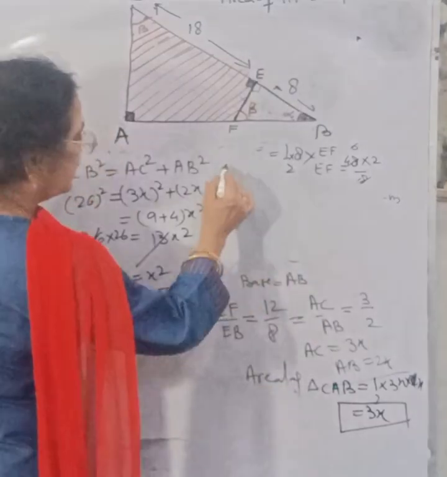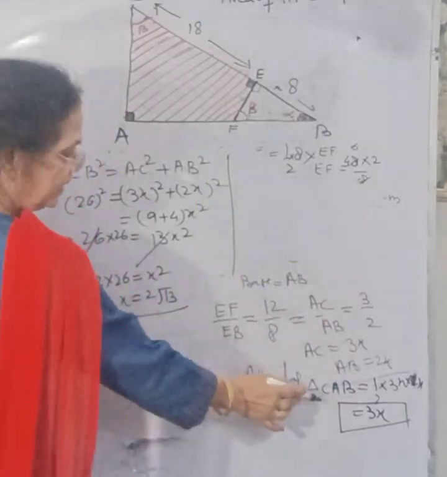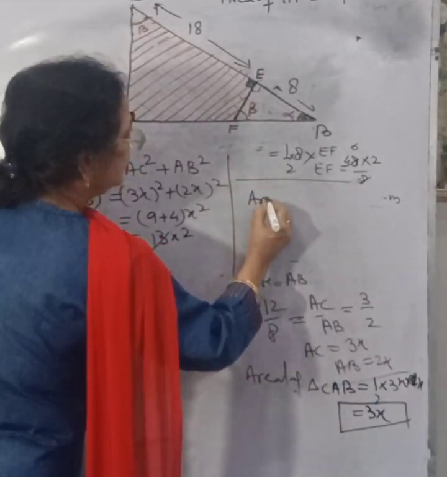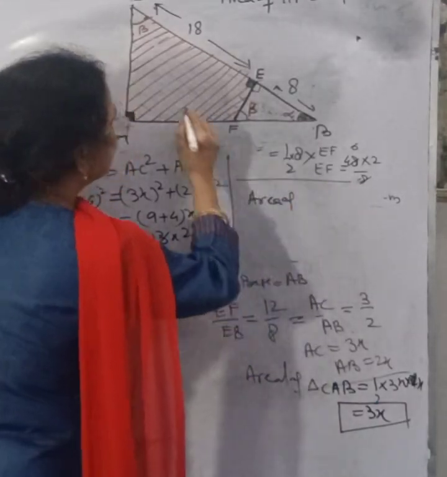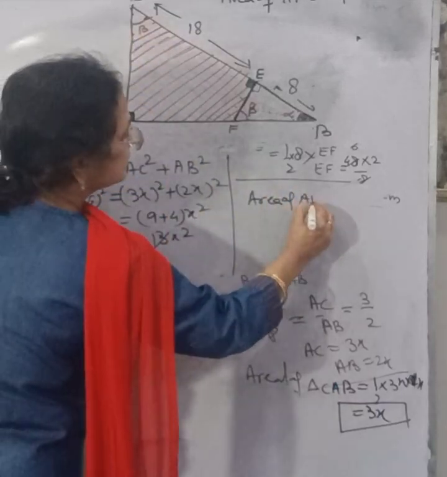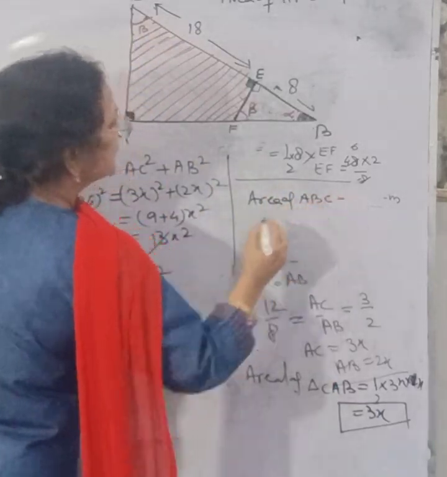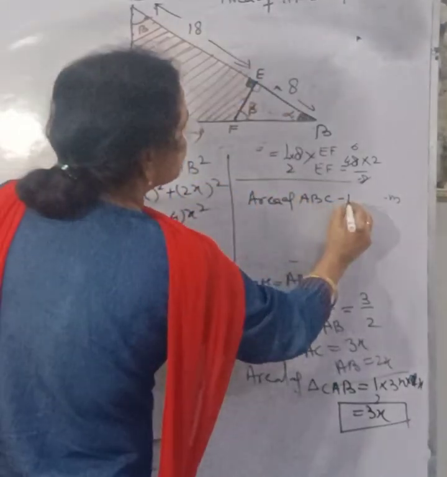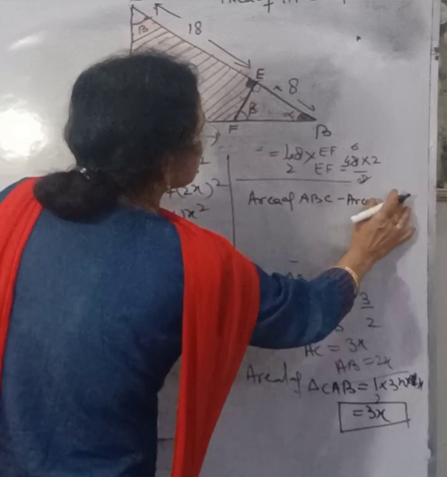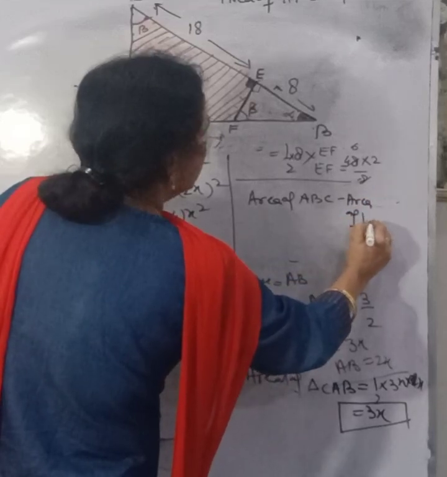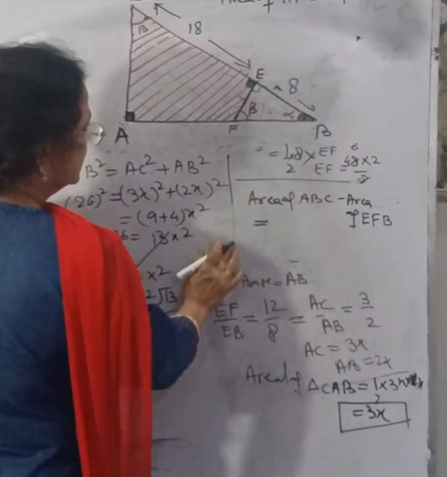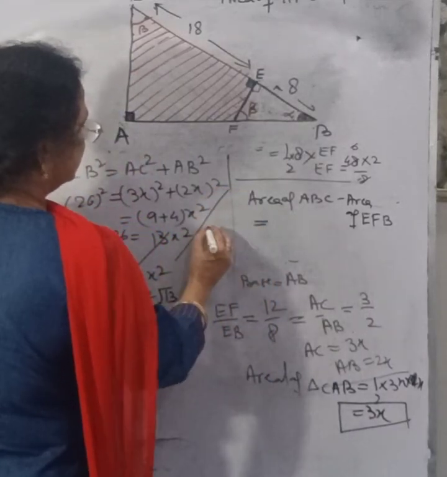Now the area of ABC has already been calculated by us, equal to 3x square. Area of the bigger triangle ABC minus area of EFB will be the area of the red region.